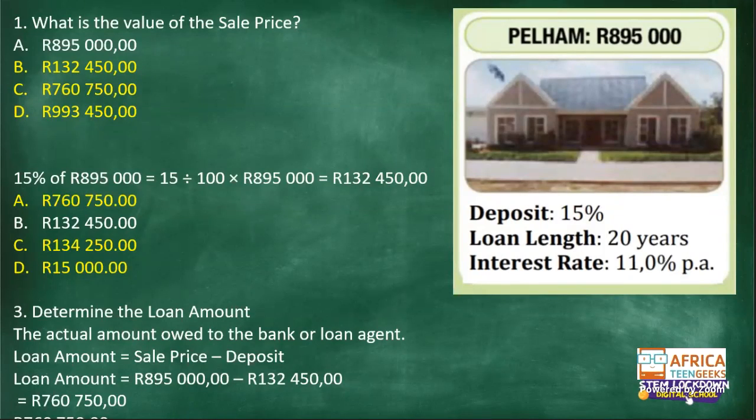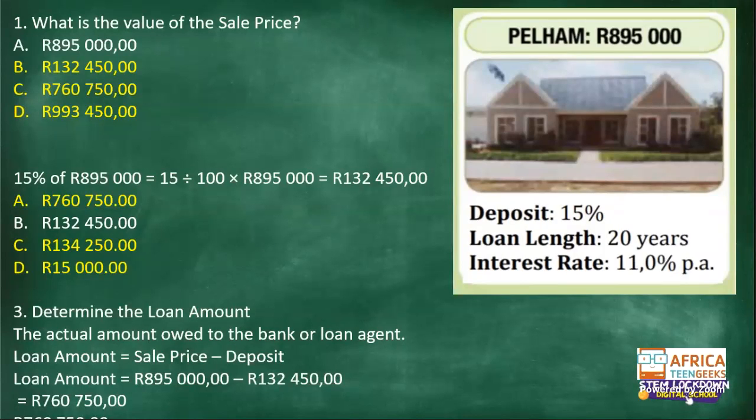And of course, you will use the interest rate, which is now 11%. So that is the rate that you are going to use to calculate the loan amount. The loan amount will not remain the same. It will skyrocket. The reason being, usually you look at the length as well, the length of the loan. And in this case, we are also given the loan length, which is 20 years.